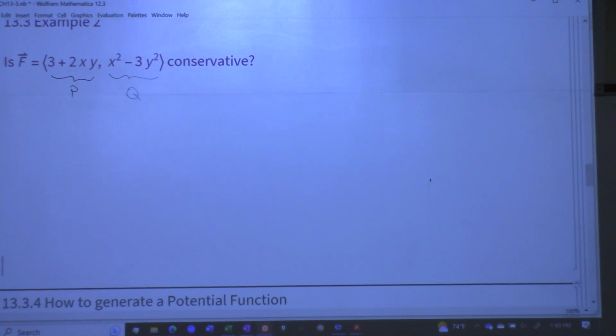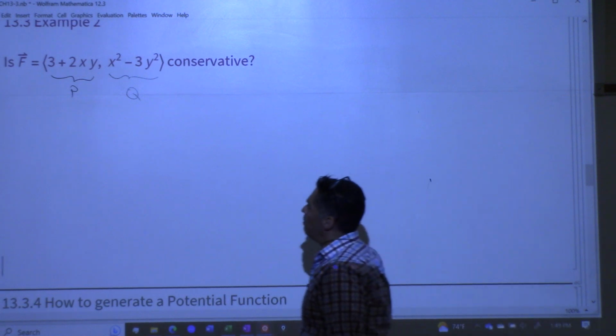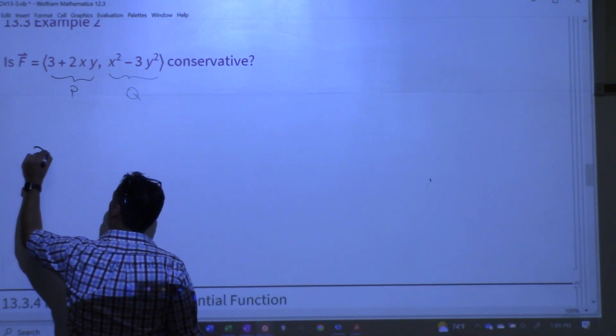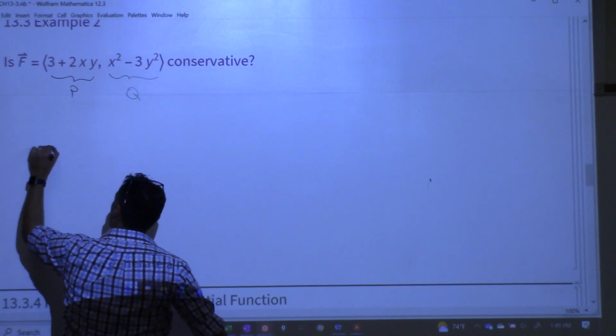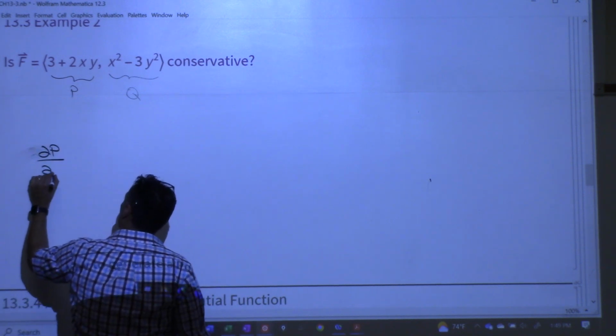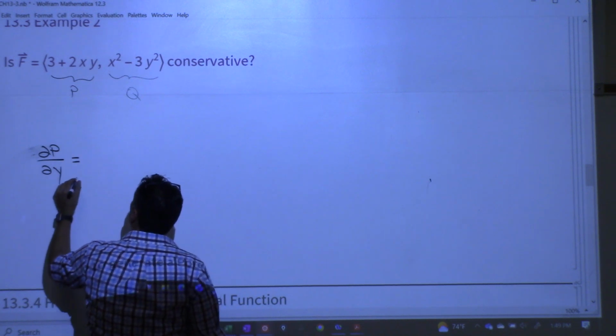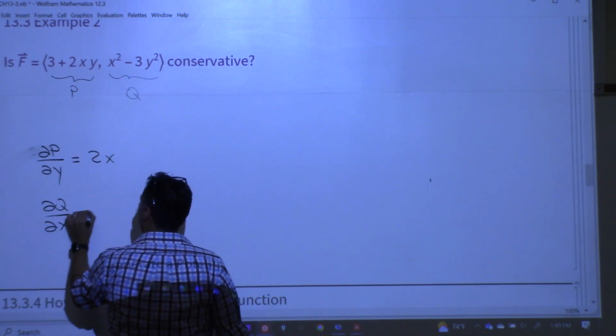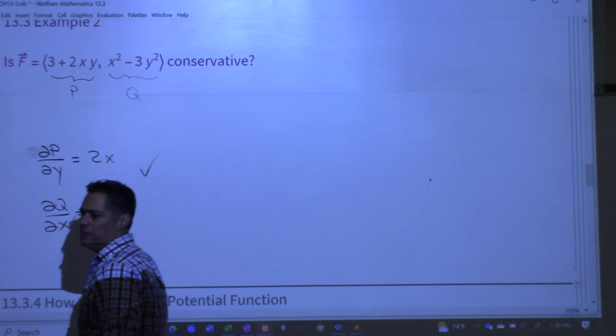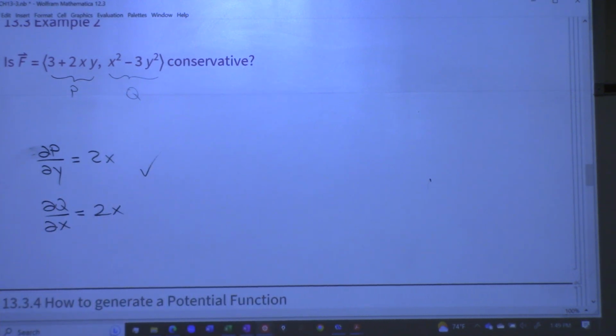That's the check we're making for conservative. So what is the partial of P with respect to y? 2x. What's the partial of Q with respect to x? 2x. They're the same. It's a conservative vector field. Simple, right?